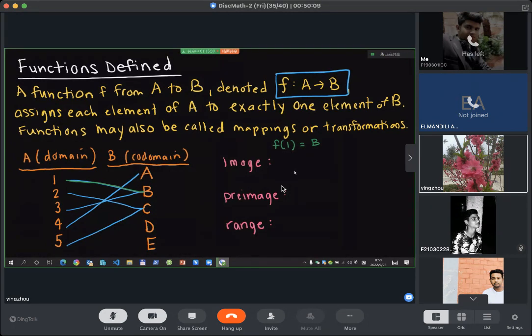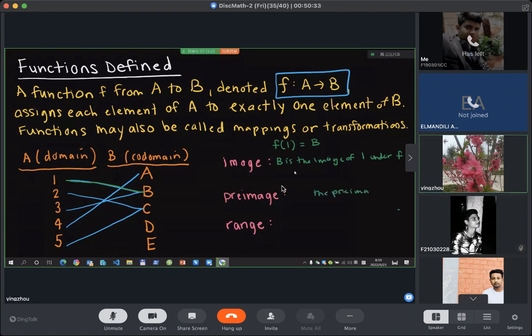So then I can say that b is the image of 1 under f, which would of course mean that 1 is the pre-image.